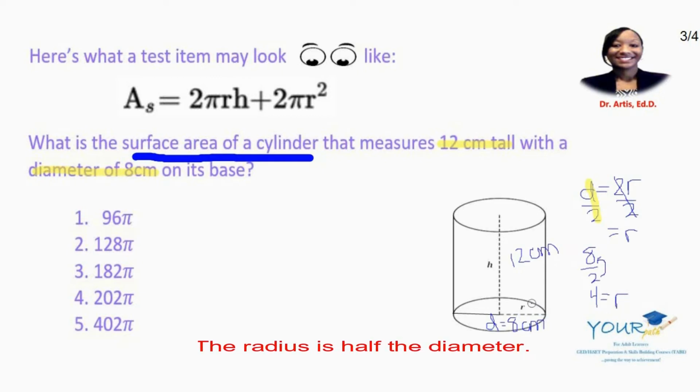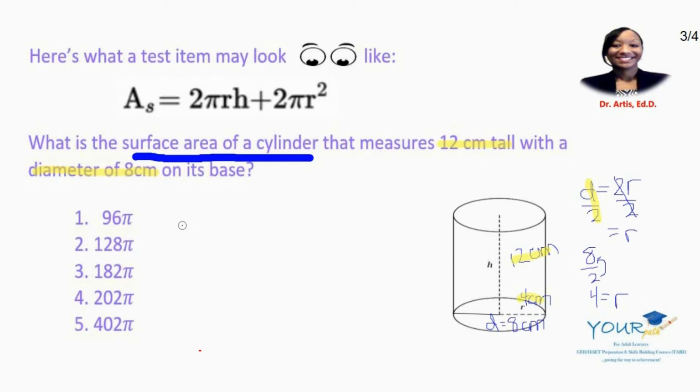So now we know that our radius is 4 centimeters. Now that we have the height as well as the radius, we're able to insert this information into our formula in order to find our answer. So let's do that now.